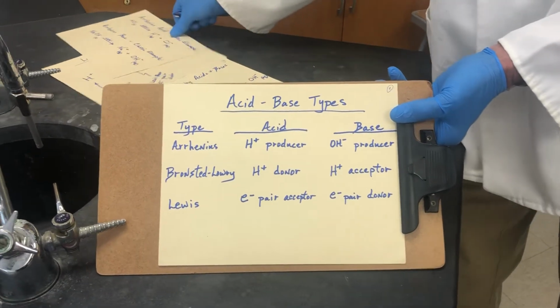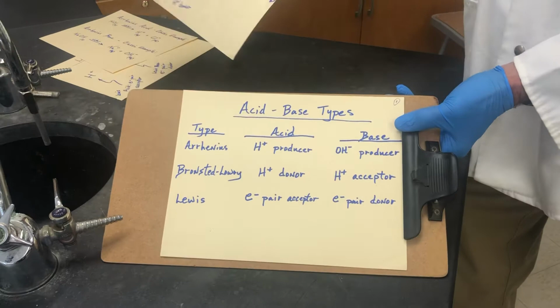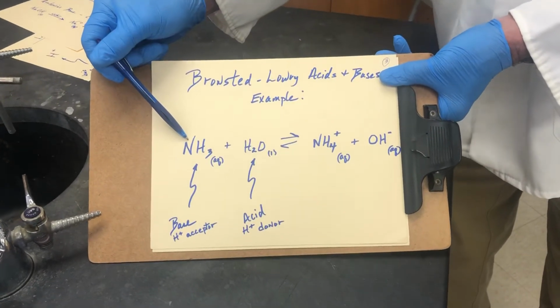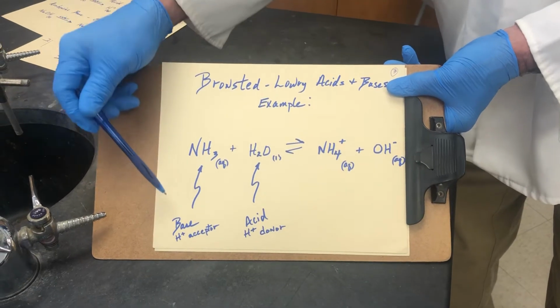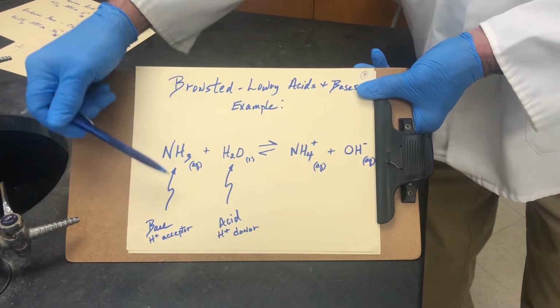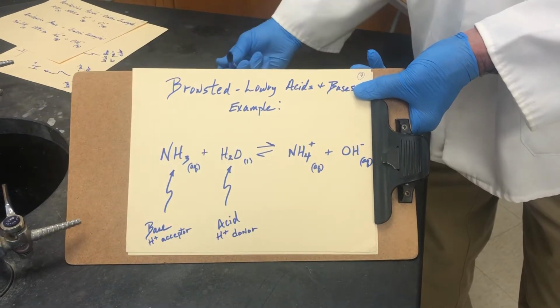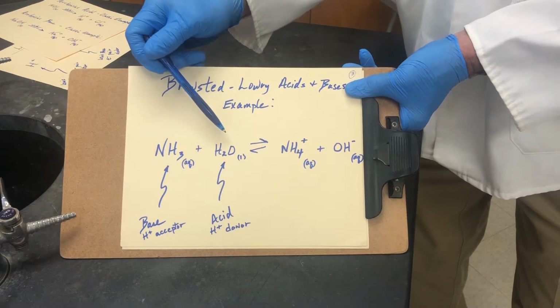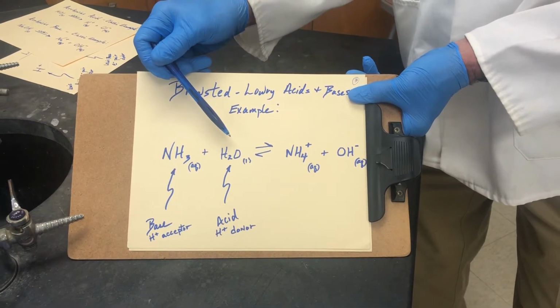How about a quick example of one of those guys? All right, our good friend ammonia, NH3 here. It is a Bronsted-Lowry base because ammonia will accept a hydrogen ion. Water. Huh? What do you mean? Water is an acid?